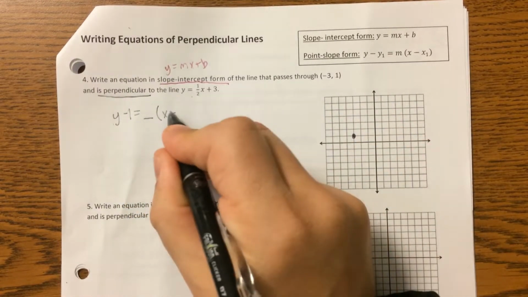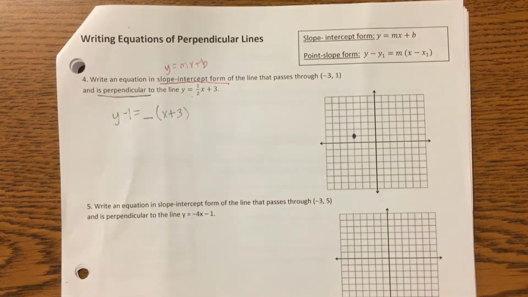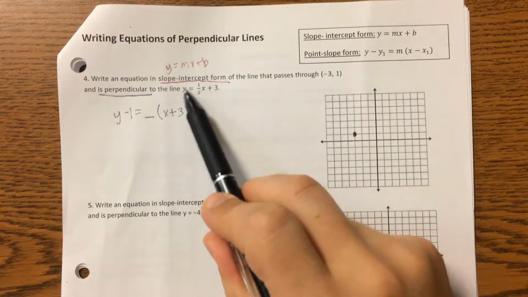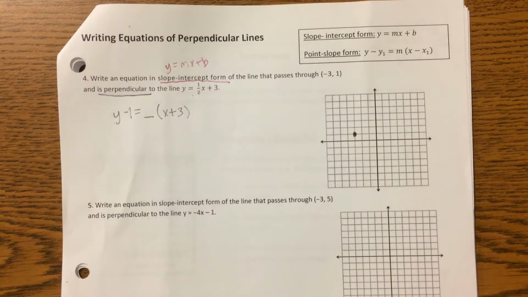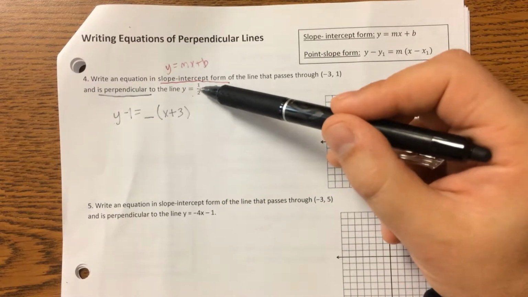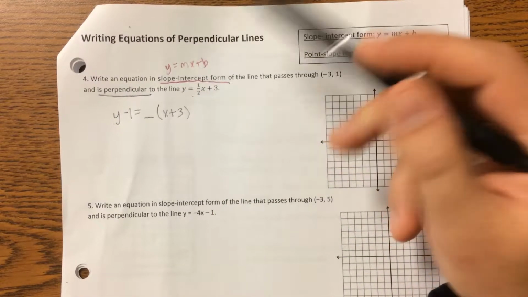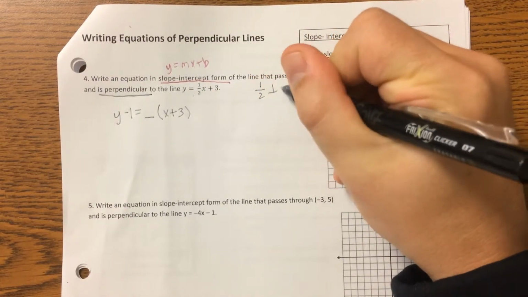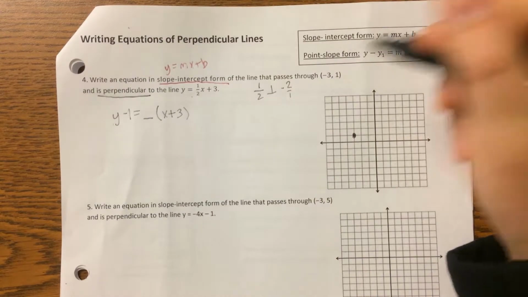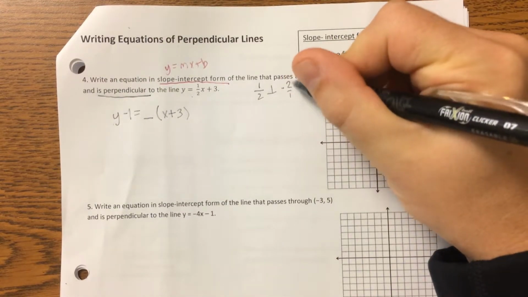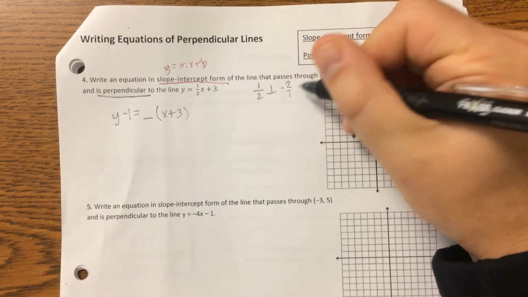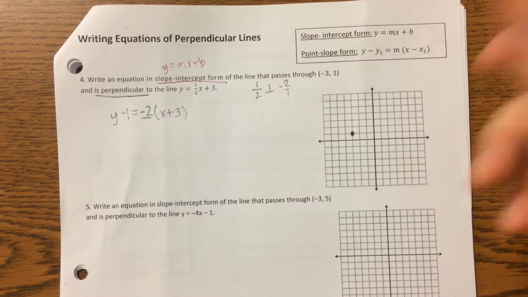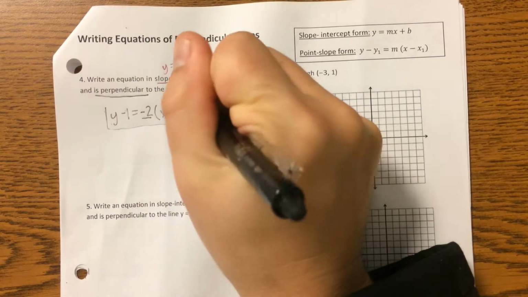Minus -3 changes to +3. So what's the slope? If it's perpendicular to this line, then the slope has to be the opposite reciprocal of this slope. This slope is 1/2. What slope is perpendicular to 1/2? Well, -2/1. This is the opposite reciprocal. -2/1 is the same thing as -2, so we'll fill that in right here. And there you go, there's your equation.